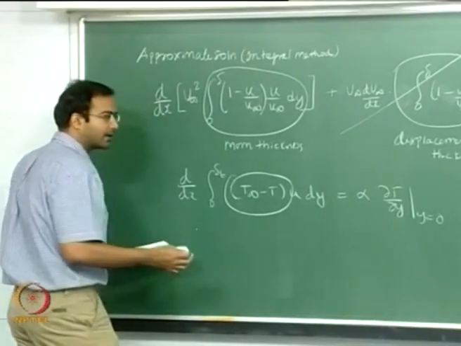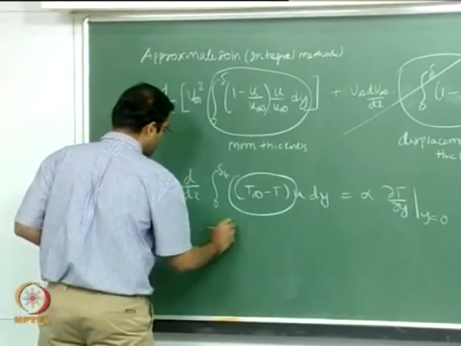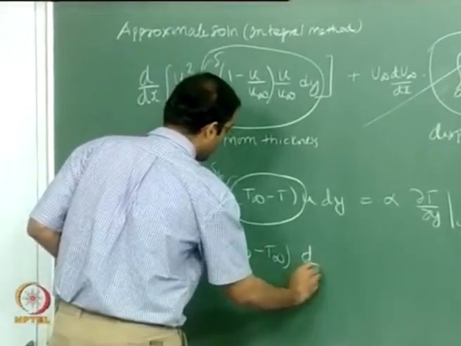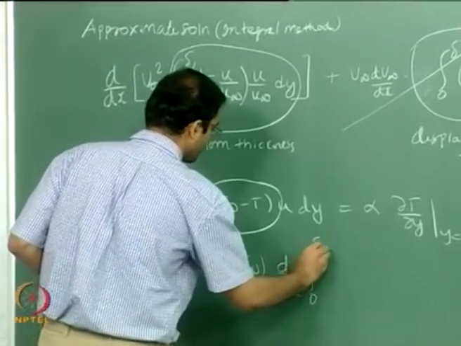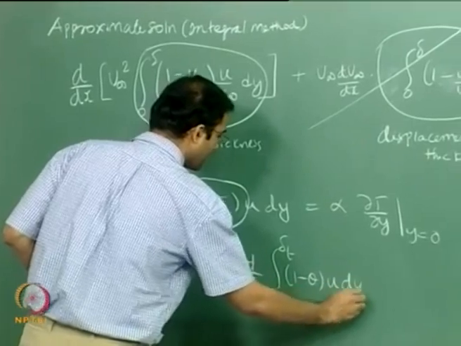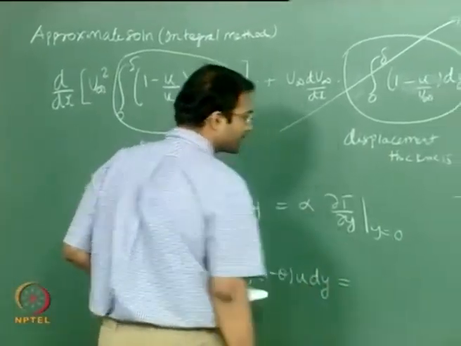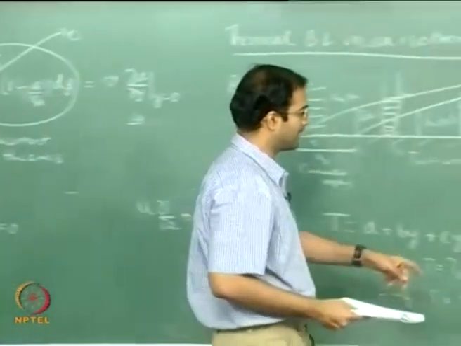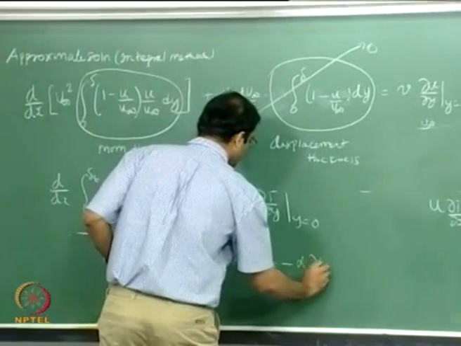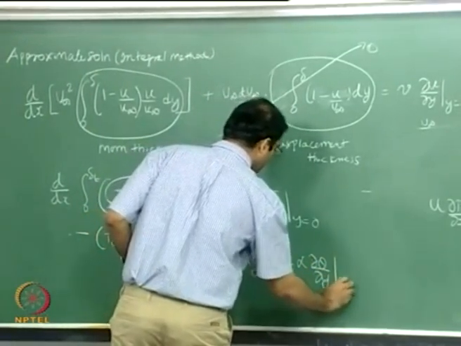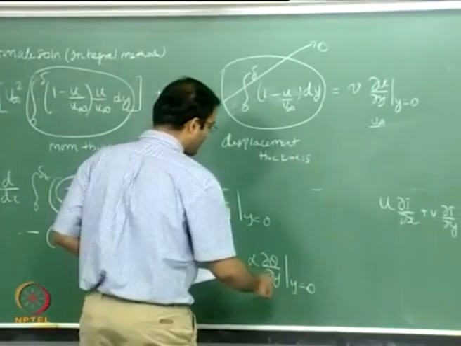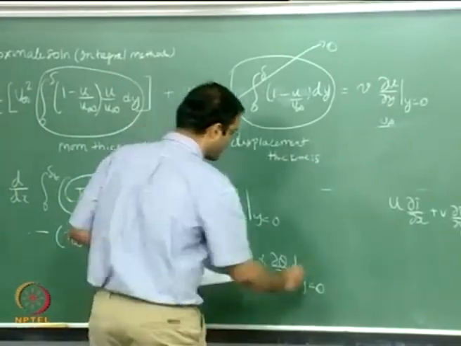So T wall and T infinity are constants, so minus of T wall minus T infinity d by dx 0 to delta t into 1 minus theta u dy. On this side I have dT by dy, which is nothing but minus d theta by dy, so this is minus alpha d theta by dy at y equal to 0 into T wall minus T infinity.